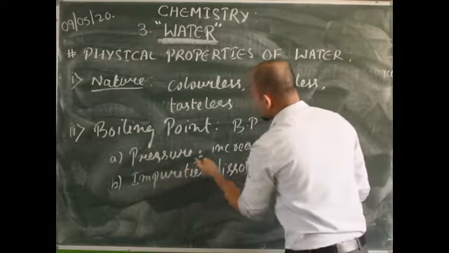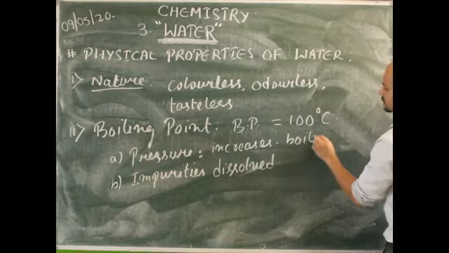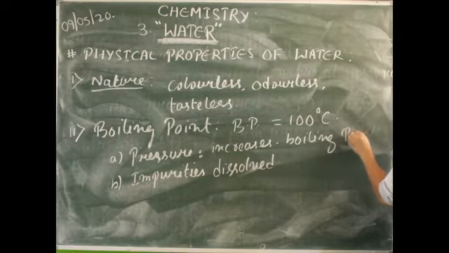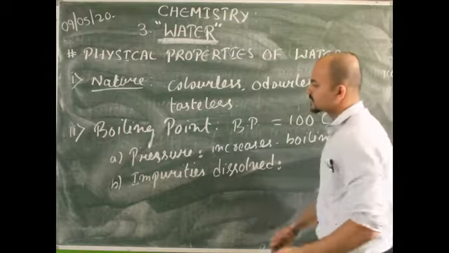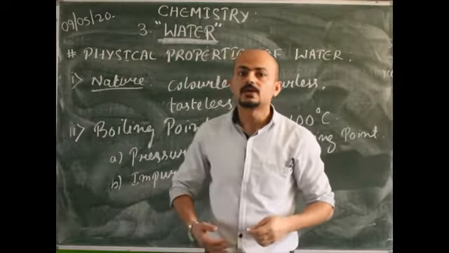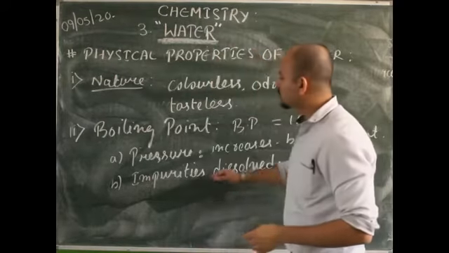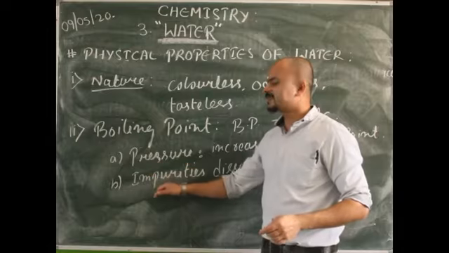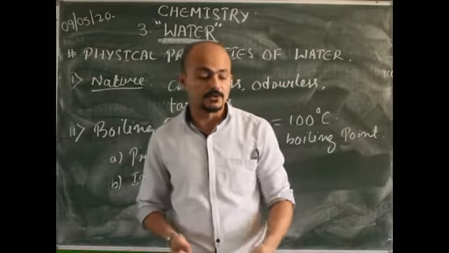Now whenever we have some impurities dissolved in water, that will also lead to increase in boiling point of water. So both of these factors, pressure and impurities, increase the boiling point of water.